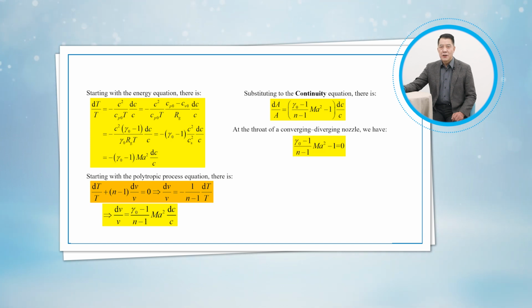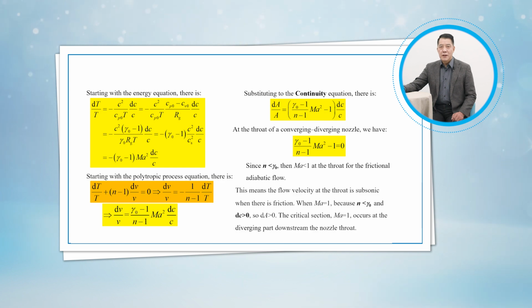At the throat of a converging diverging ladle, we have, since the polytropic exponent is less than the specific heat ratio of ideal gas, then the Mach number is less than unity at the throat for the frictional adiabatic flow.